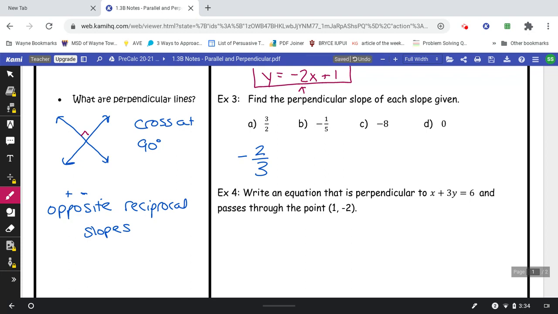As you work through B, C, and D, keep in mind that for negative 8, you can always put it over 1. Same thing with 0. Try those, and then we'll go through it.